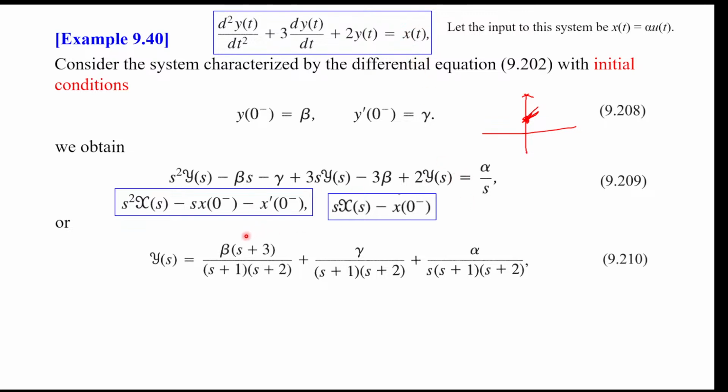Okay, so everything together, this is some equation with big Y and small x and s, so we can express what big Y is, and then we see that big Y is a linear combination of those beta, gamma, and alpha. And if we are given values of alpha, beta, and gamma, then we can once again take the inverse unilateral Laplace transform to solve for the time domain signal y.